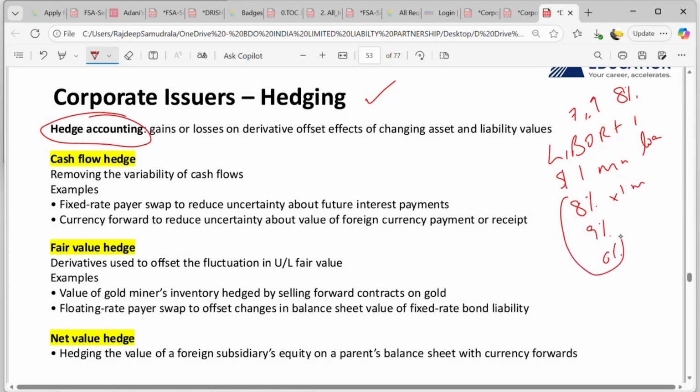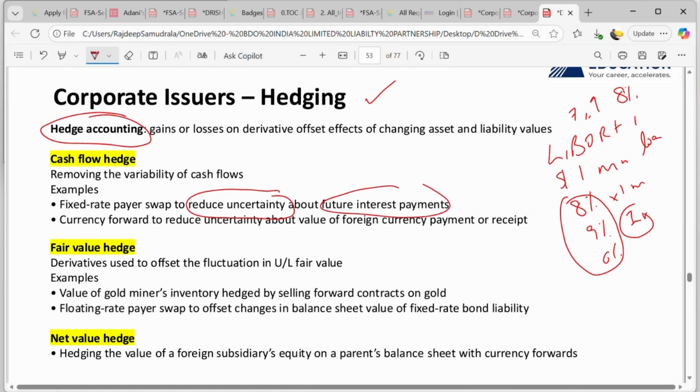So if you notice, the amount of interest I'm paying in cash flow is varying, right? कभी 8% दे रहा हूँ, कभी 9% दे रहा हूँ, कभी 7%, मतलब बड़ा amount change हो रहा है, right? 6%. This cash flow is uncertain. पता नहीं मुझे कल LIBOR कितना हो जाएगा. I'll have to pay interest.